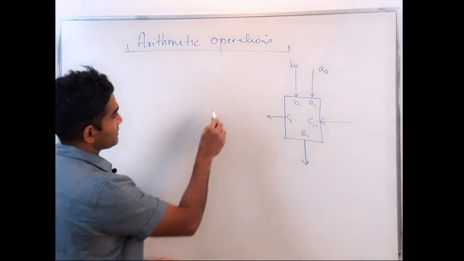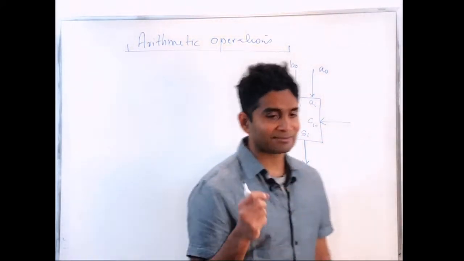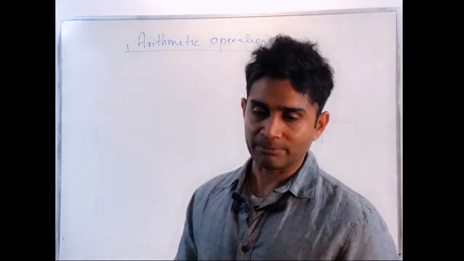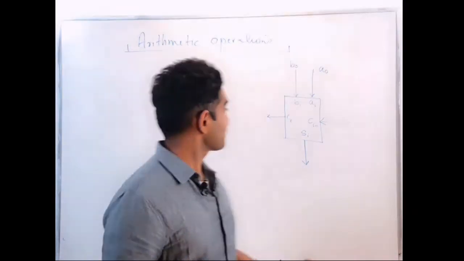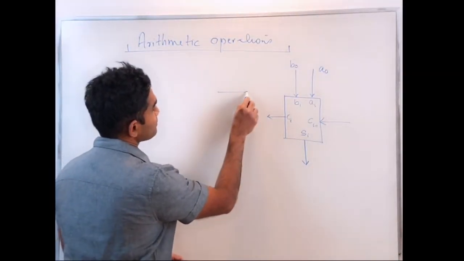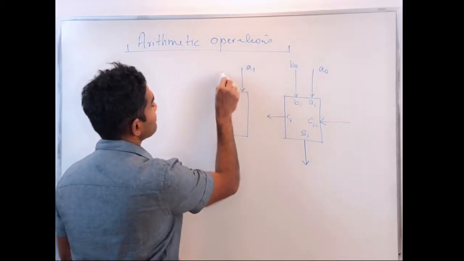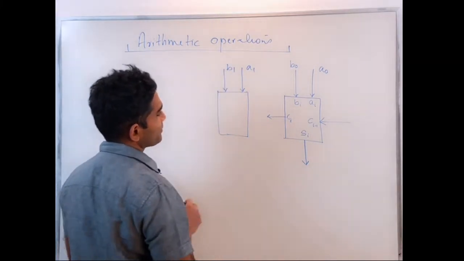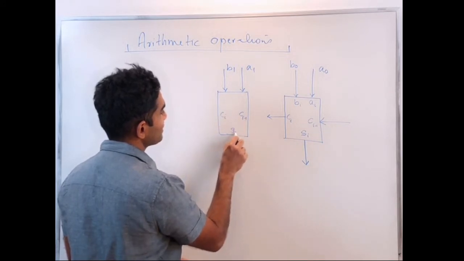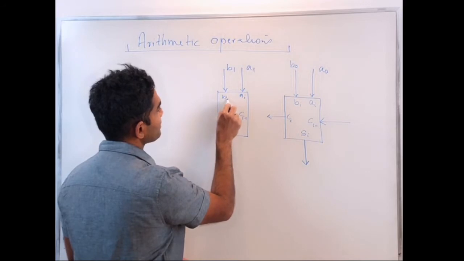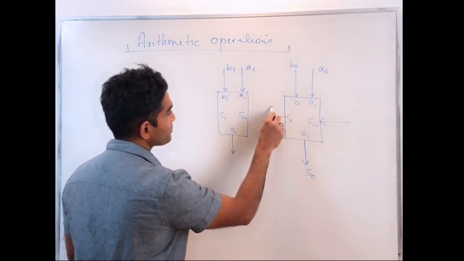Now I've copied and pasted that module over and over again, n times, because I'm using that exact same operation at every bit position, and I'm dealing with an n-bit adder. That means I have to have n of those modules together. That's another module I'm using to add A1 and B1 together. Here I'm getting S0, of course here I'm getting A0.